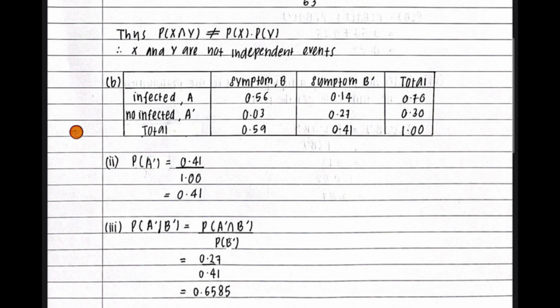Question 3, P(A prime given B prime) equals P(A prime intersect B prime) over P(B prime), equals 0.27 over 0.41. Then we get the answer 0.6585.